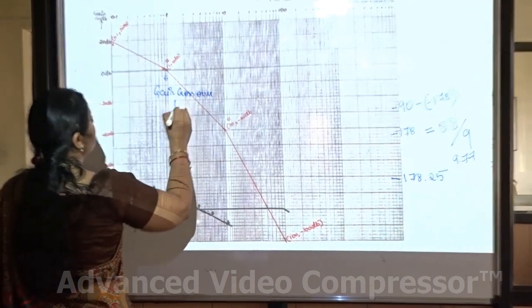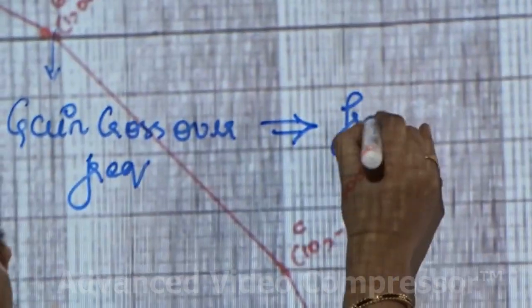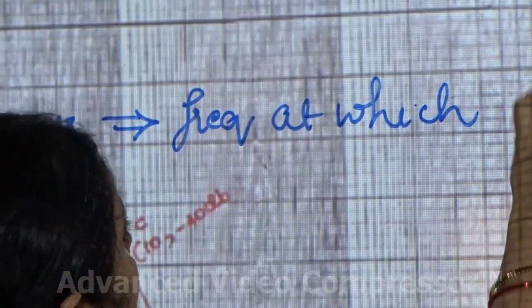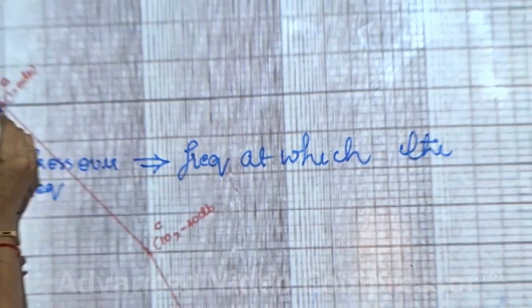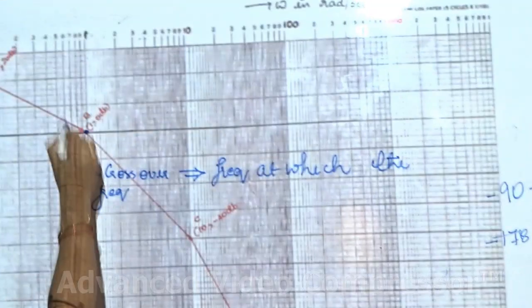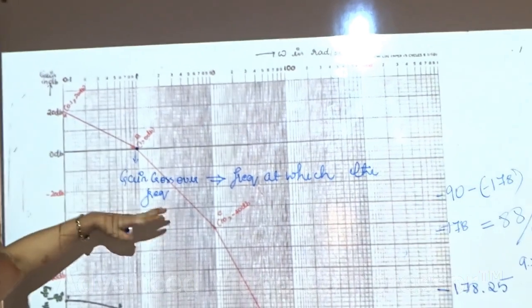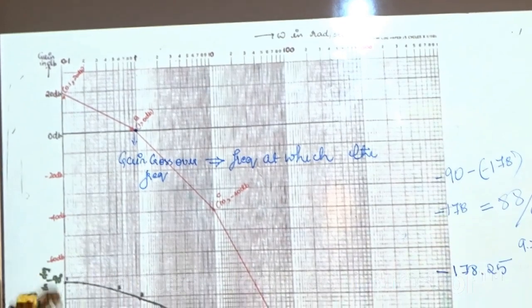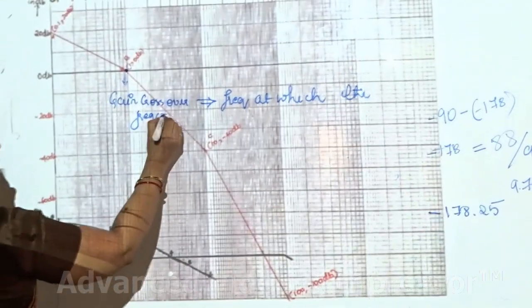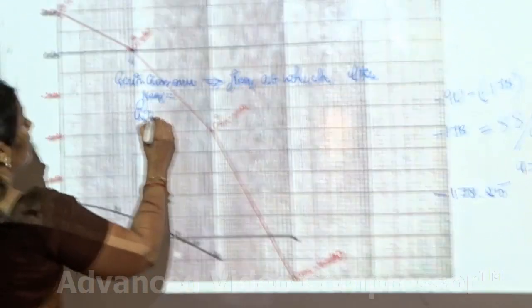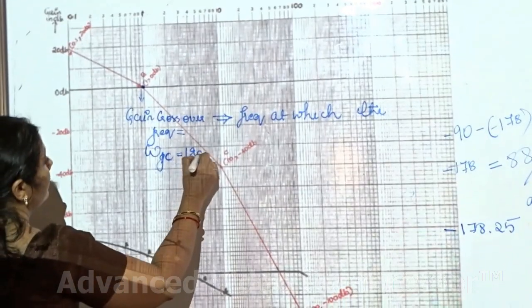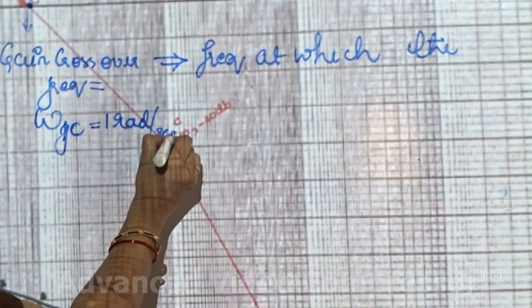It is the frequency at which the magnitude plot crosses the 0 dB line. It is crossing exactly at this point. So I can write the gain crossover, omega GC, as equal to 1 radian per second.